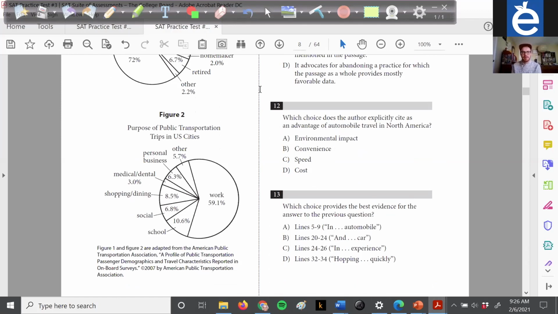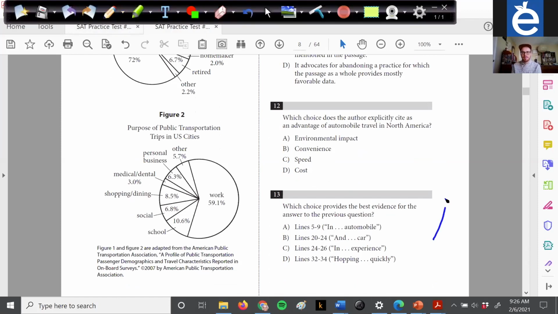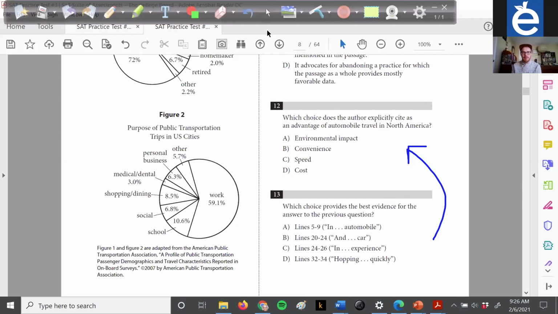Okay, because these two are connected, we know that whatever the answer is, it's going to be found in here, but probably not in these exact words. So what do we want to do? Well, let's highlight our keywords. Look for our action words.